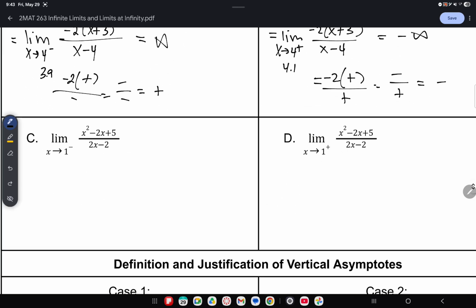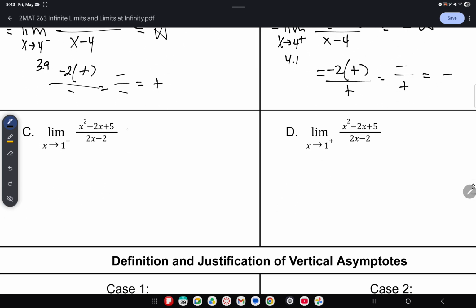So let's see if we can do anything with these. Let's try and factor it. I don't think that numerator can factor. At the bottom, I can make that 2 times x minus 1. So that doesn't have us simplifying anything. So there's still a vertical asymptote of 1 because of that denominator there. So I'll start plugging in a number.